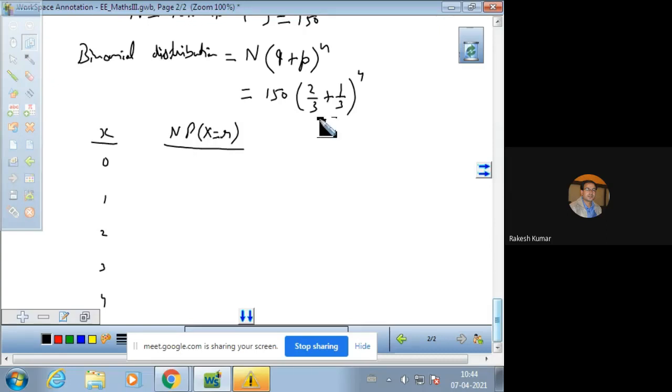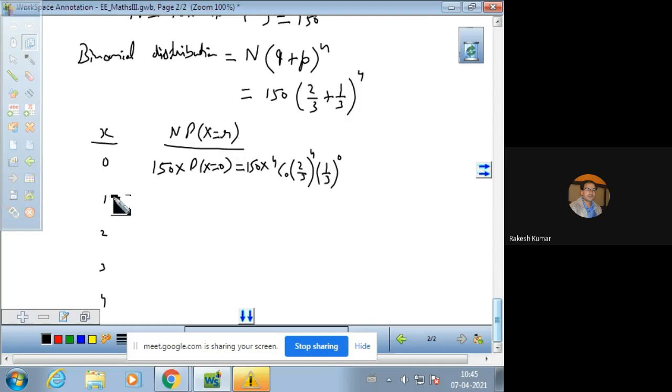And binomial distribution is N into probability x is equal to R. So when x takes the 0 value, it comes out to be 150 into probability x is equal to 0, and this comes out to be 150 into 4C0, 2 over 3 raised to power 4 and 1 over 3 raised to power 0.